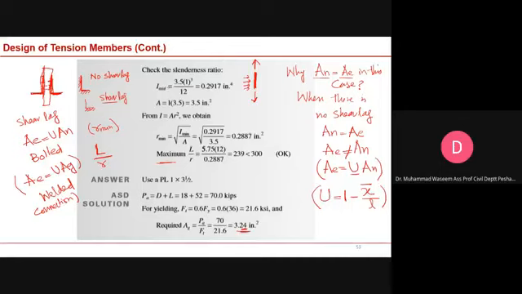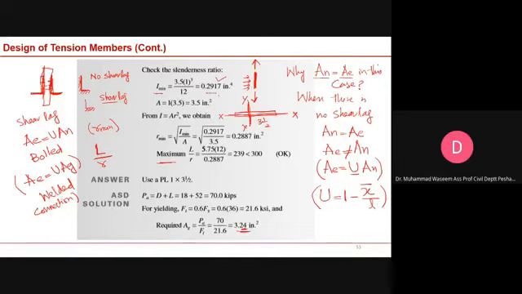For this simple plate you can calculate the moment of inertia at its centroid. There are 2 axes, so the axis on which you get the minimum value, you will take that value. In this case the minimum value is about this x-axis.